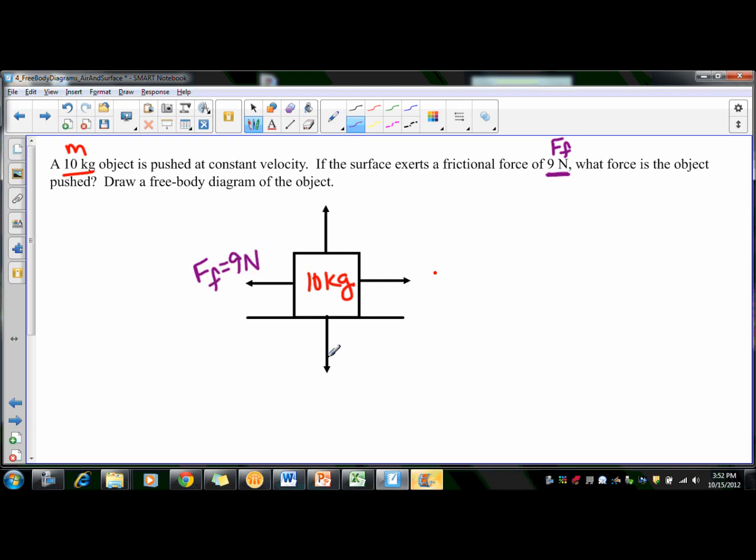Then we can also find these two, like we've done before. Weight is mg, 10 times 9.8, so 98 newtons, which means our normal is also 98 newtons. And then finally, we need to figure out how this constant velocity comes into play.